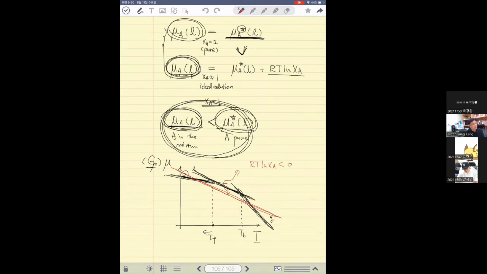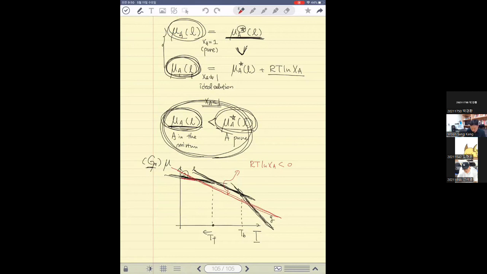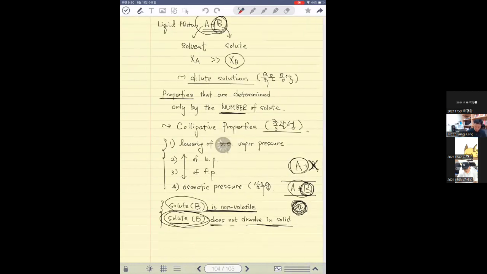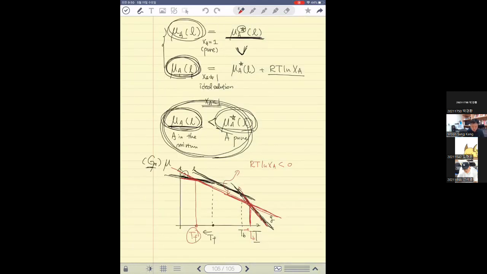And this is always a negative value. That's now lowered. And as a consequence, the transition between this line and this line occurs now at here. The freezing point is lowered, right? The boiling point here, the transition between this line and this line occurs now at here. The boiling point has increased, right? So you can describe these two observations simply based on the lowering of the chemical potential as you mix this with a substance B.